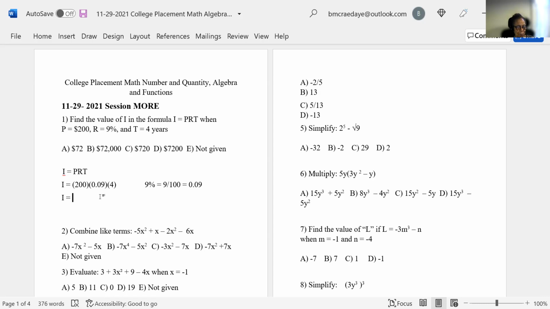You have your calculator? 200 multiplied by 0.09, multiplied by 4. 72. That's correct. You get 72. So that means your interest is $72.